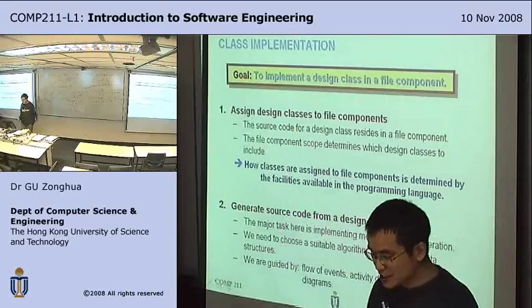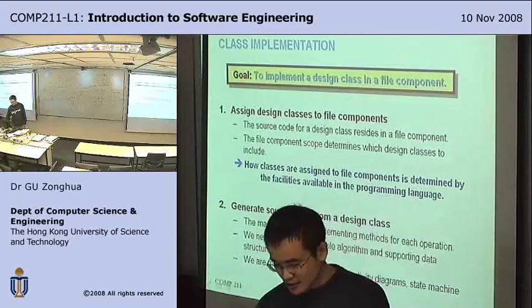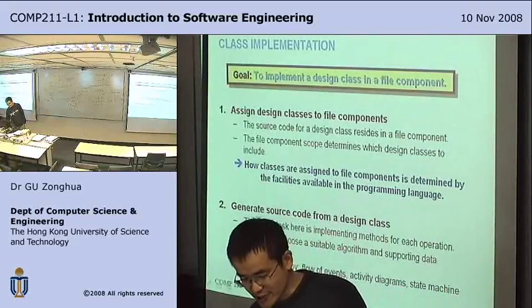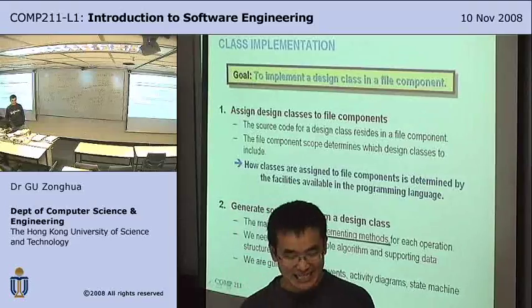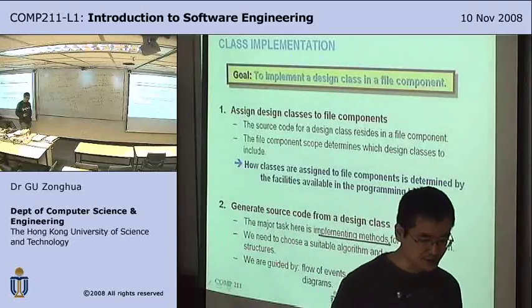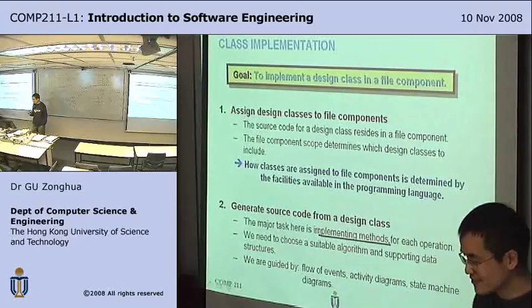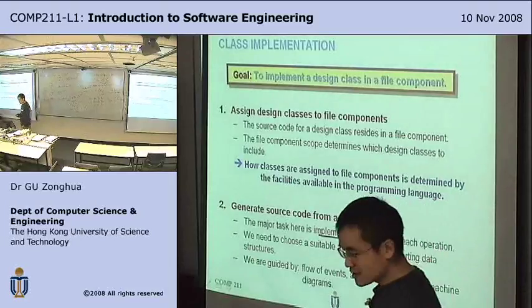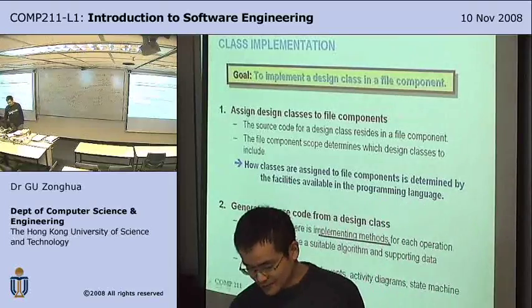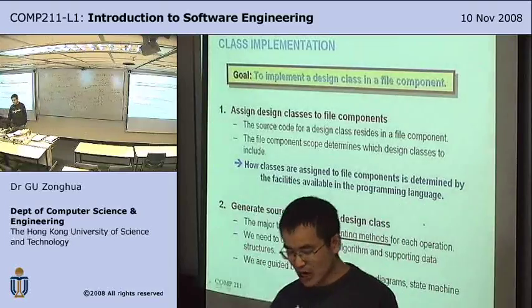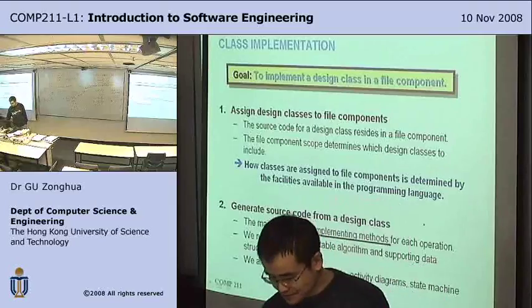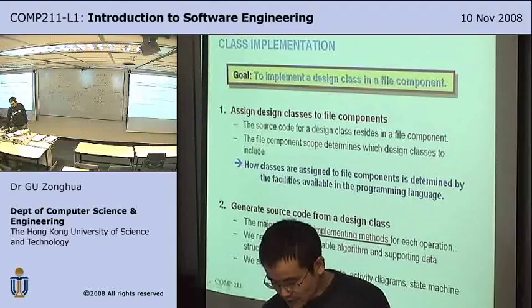And then generate source code from the design class by implementing methods for each operation. Remember the distinction between operations and methods. An operation is the interface classifier, and methods are the instances, the actual code behind the operation.